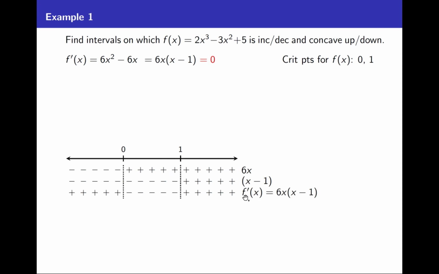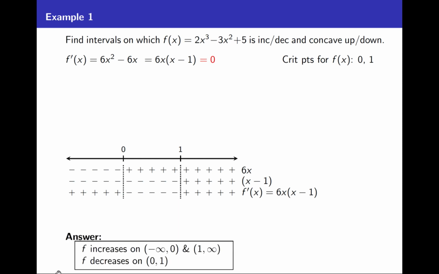So the derivative f prime, which is the product of those 2 factors, on the rightmost interval is positive times positive, so it's positive. On the middle interval, it's positive times negative, so f prime is negative. And on the leftmost interval, f prime is negative times negative, so it's positive.